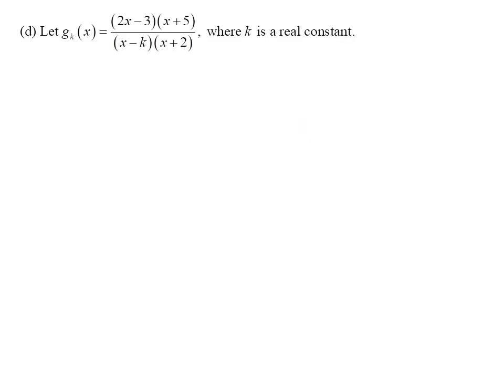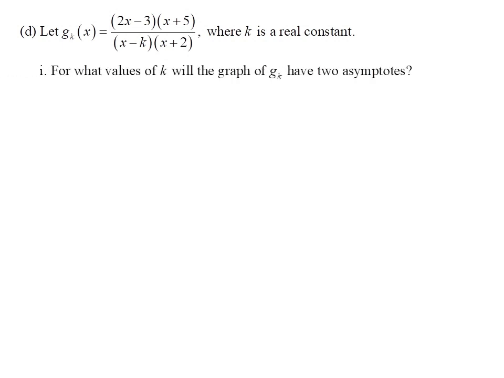In part D, a parameter k is added to function f of x. The new function g sub k of x equals the ratio of the product 2x minus 3 and x plus 5 to the product of x minus k and x plus 2, where k is a real constant.